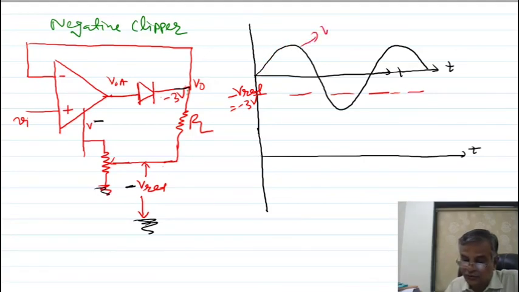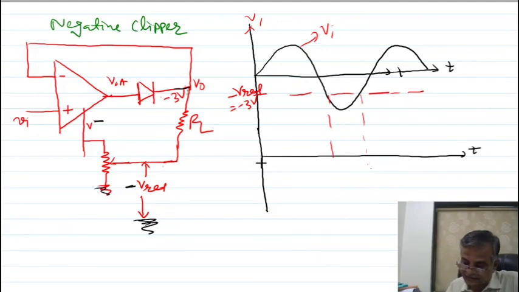This input is given to the anode because it is a voltage follower circuit. Up to -3 volt this is forward bias, so current will flow and you will get the waveform here.